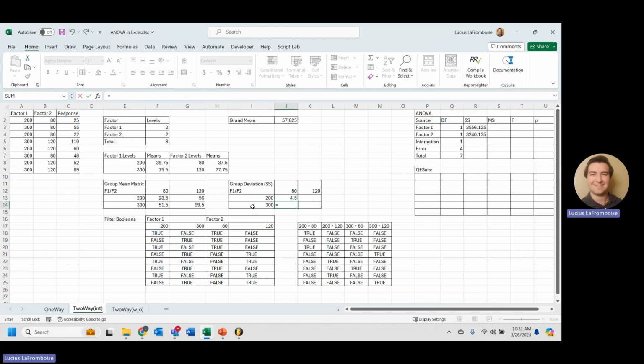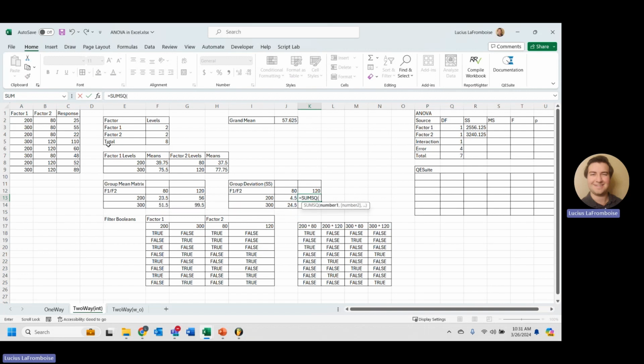And then we close that up, enter, and there we go. So now we're going to do the same thing. So we're going to say sum squared of filter response, and this is our 380 group, and we are going to say minus that group mean.